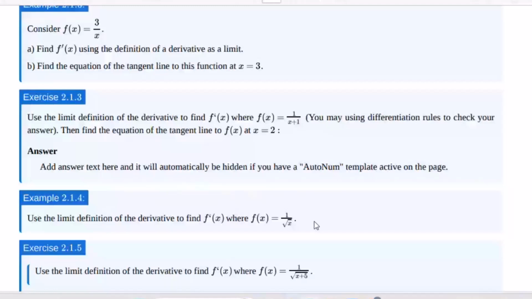But I wasn't sure how to write it, so I also rewrote it as -1/2 times the square root of x plus 5 cubed.